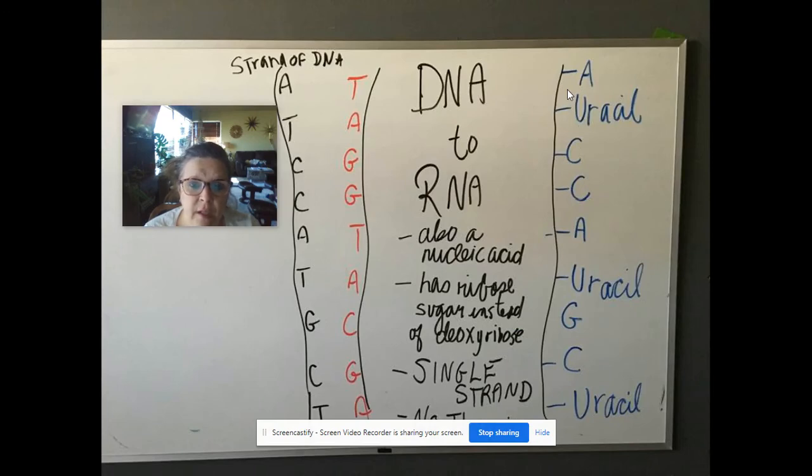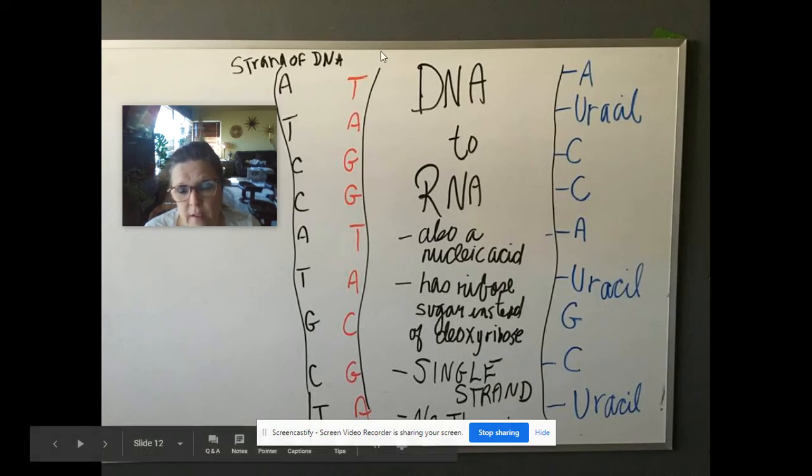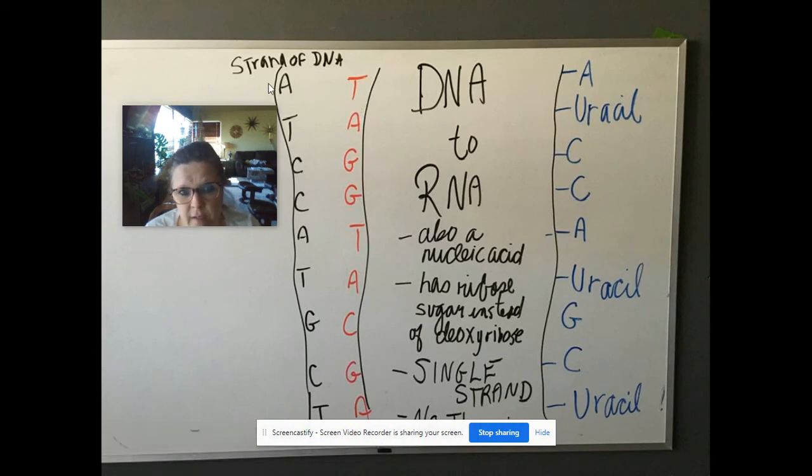So if we were going to transcribe DNA into an RNA molecule here, we would be essentially doing the same thing as finding the complementary base pairs, but all we need to do is to make sure where we want to say T, we're going to say U instead.